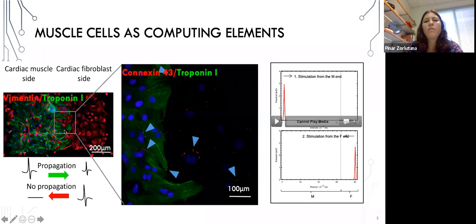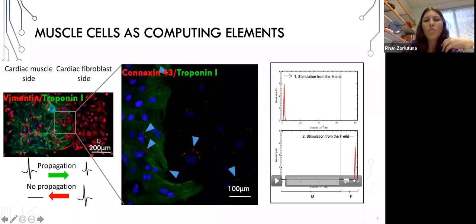This was the first idea around using heart cells as computing elements. It was a diode analog that we created using heart muscle cells, where the signal that comes from the cardiac side can pass through the diode, because it will still be detectable at the end. If the simulation worked, I could have shown you. There's the boundary, and once the signal hits it, it attenuates.